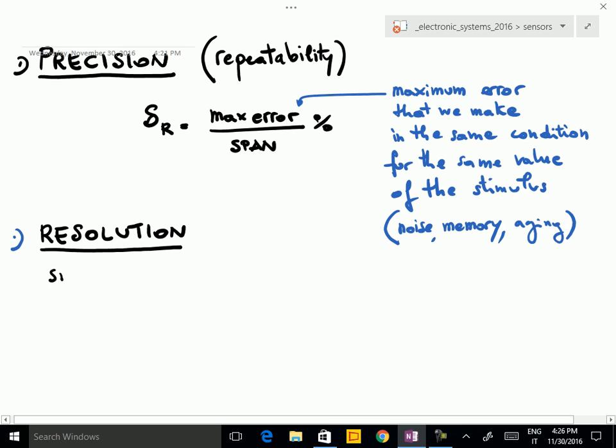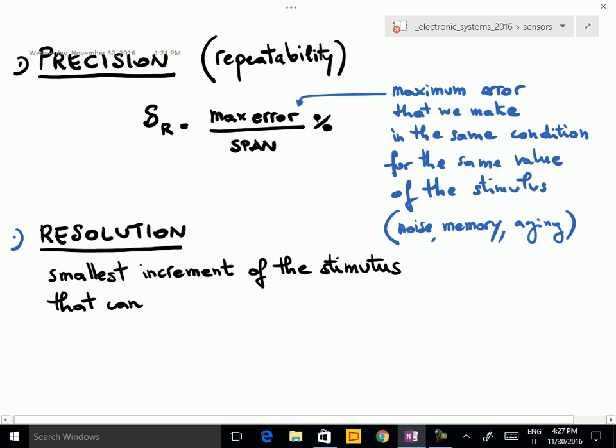It is defined as the smallest increment of the stimulus that can be sensed, that can be revealed.